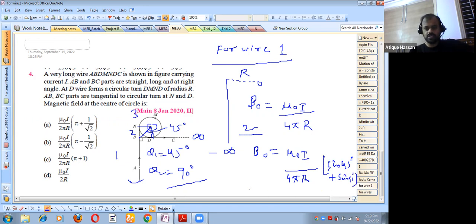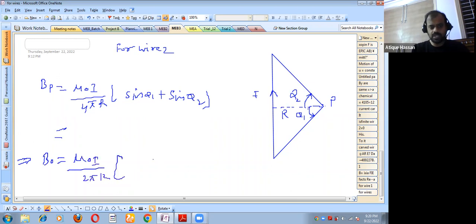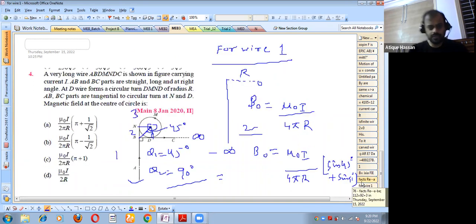So here we will get the magnetic field as mu naught I by 2 pi r. One angle is sine 45°, so that was 1 by root 2, and one is like this. So this is the magnetic field due to the second wire.